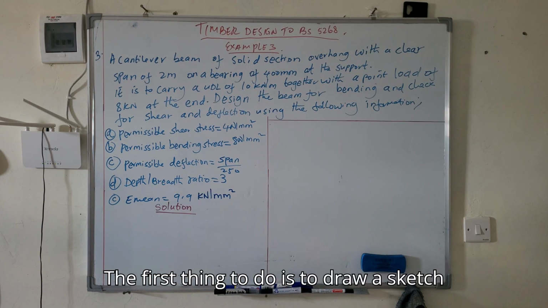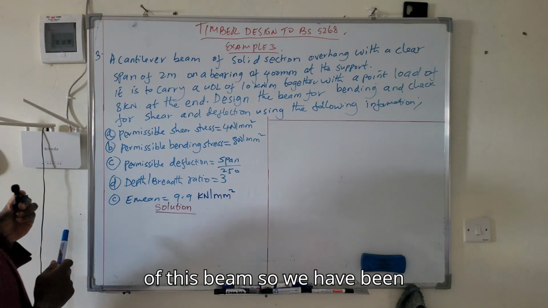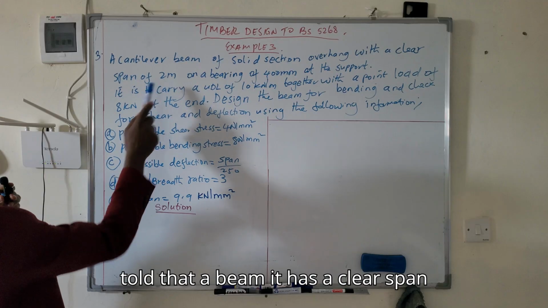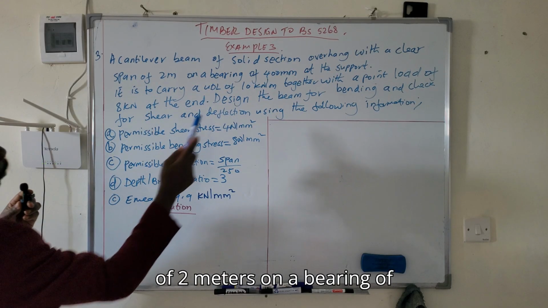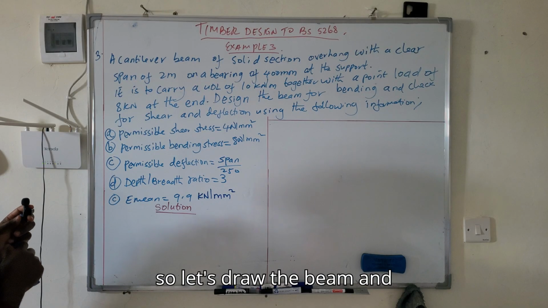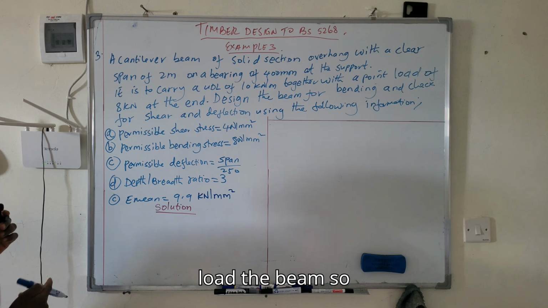Solution. The first thing to do is to draw a sketch of this beam. So we have been told that the beam has a clear span of 2 meters on a bearing of 400 millimeter at the support. So let's draw the beam and load the beam.